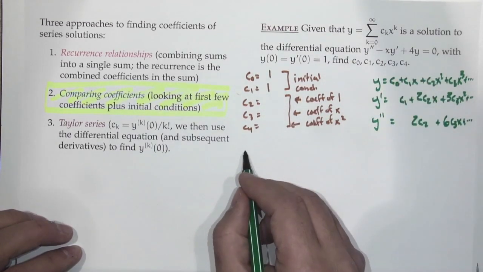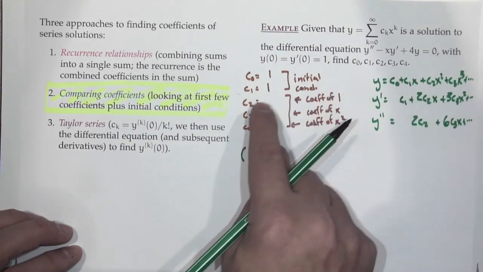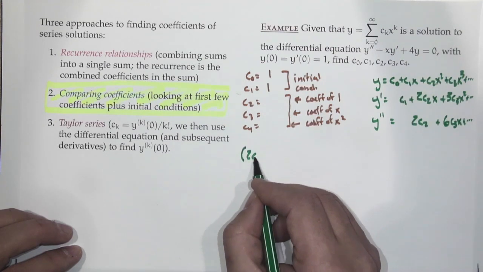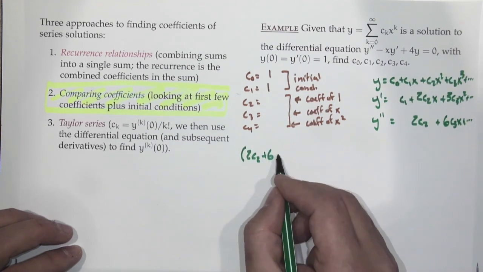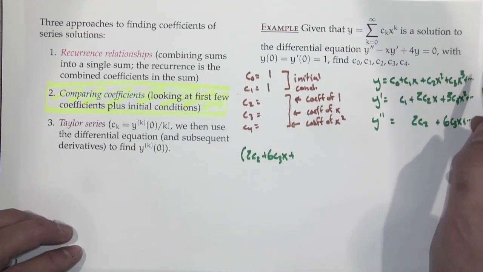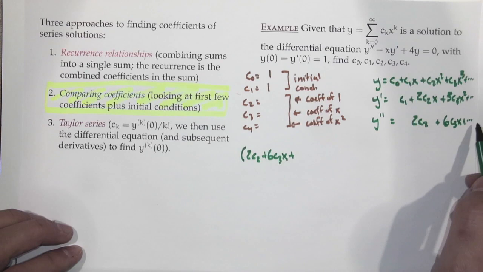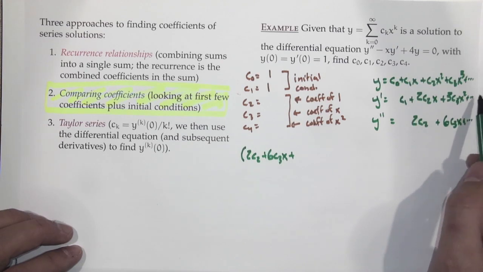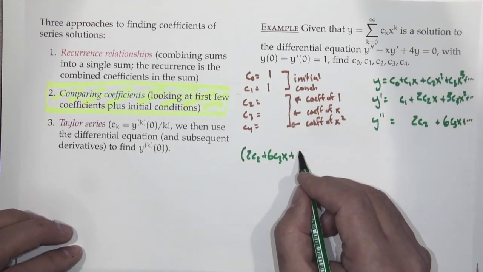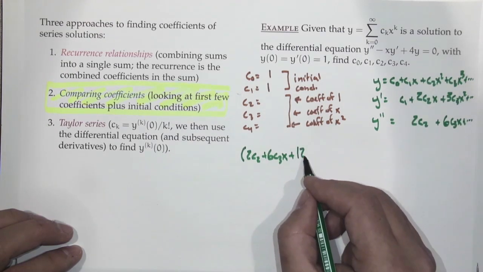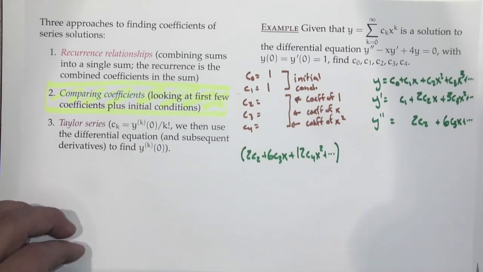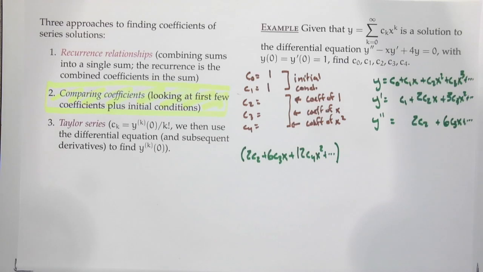Here's what we're going to do. We come to y double prime and grab everything, stopping once I hit my x squared, because that's all I need. So I have a constant, 2c2, then 6c3x, and I need one more. Can you see the pattern? What will the next one be? It'll be 4c4x cubed, making it 12c4x squared, dot, dot, dot. The dots just mean the pattern continues, but those are higher terms which I don't need.